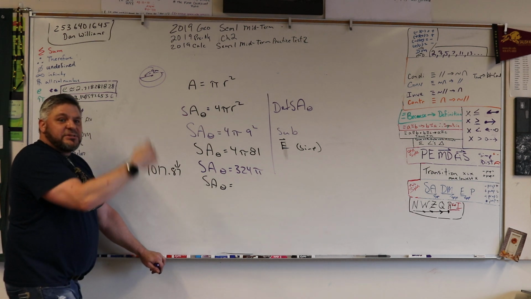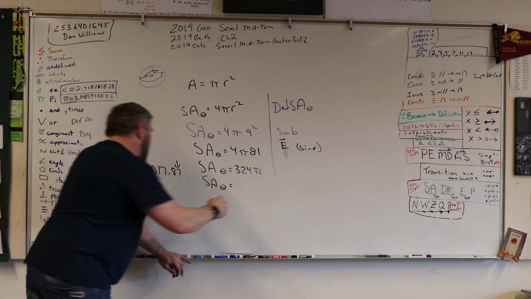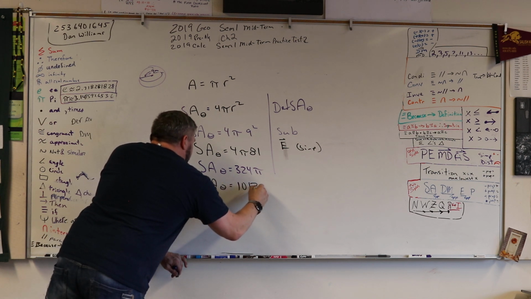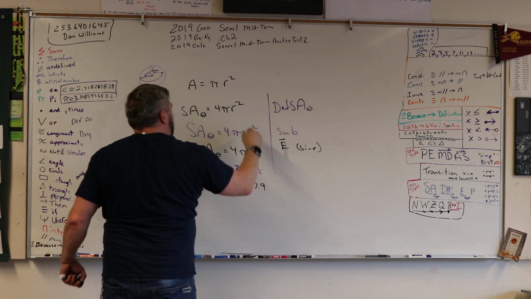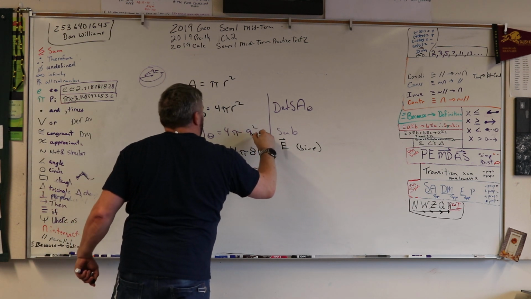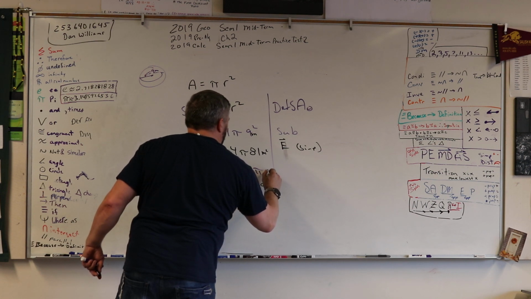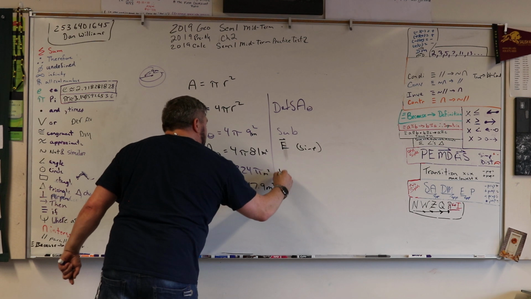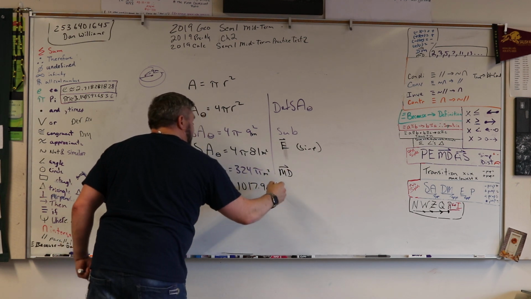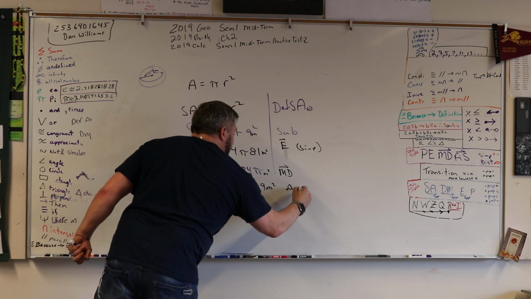Makes the 8 go up or stay the same? Up. Good. So 1017.9, and we have to remember that this was meters, so it's meters squared. So we did the multiplication from left to right, and then we did the approximation.